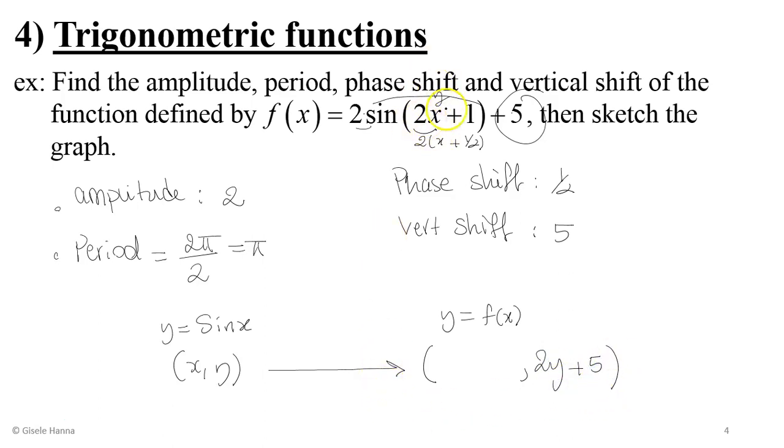Then regarding the transformations on x, if you look at it here, we're multiplying x by 2, and then we're adding 1. We know that operations on horizontal transformations actually reverse. So the multiplication becomes a division by 2, then the plus 1 becomes a negative 1.